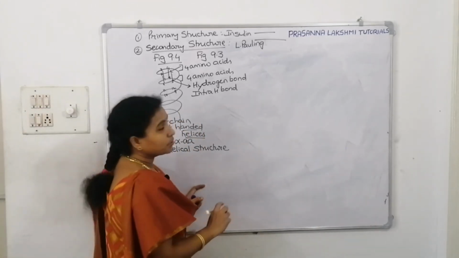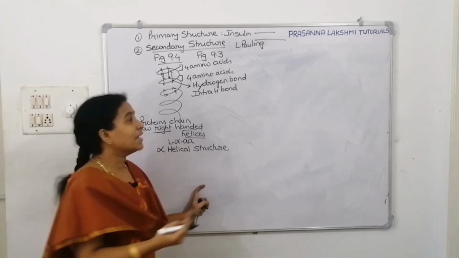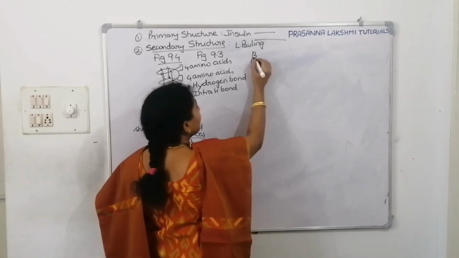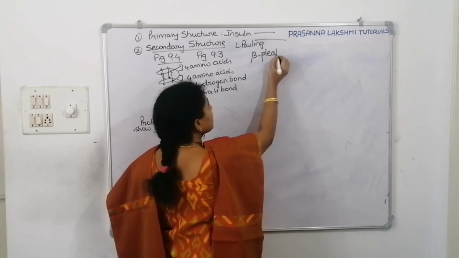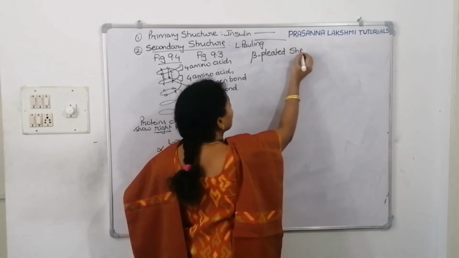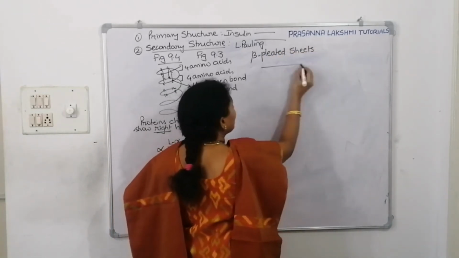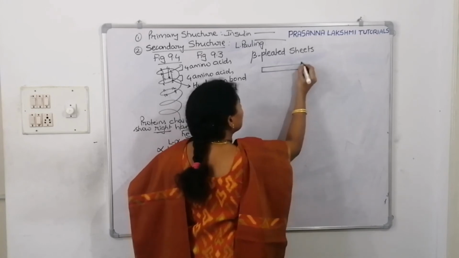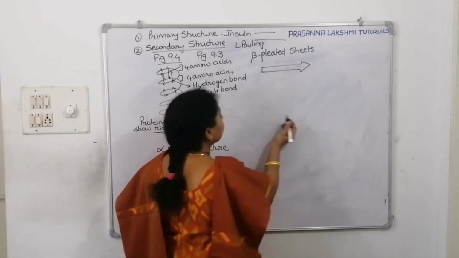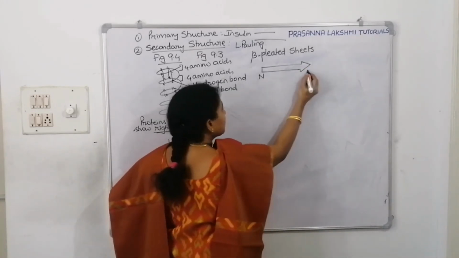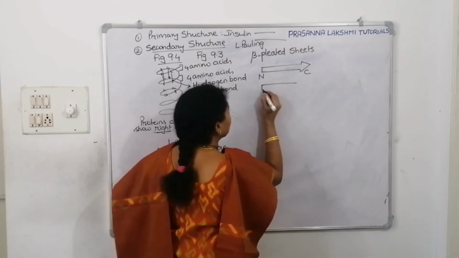Now the second structure which Linus Pauling also explained is called beta pleated sheets. To explain a beta pleated sheet, take a polypeptide. I told you N-terminal and C-terminal are the ends of a polypeptide chain.